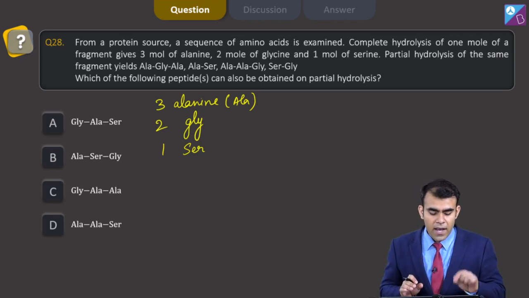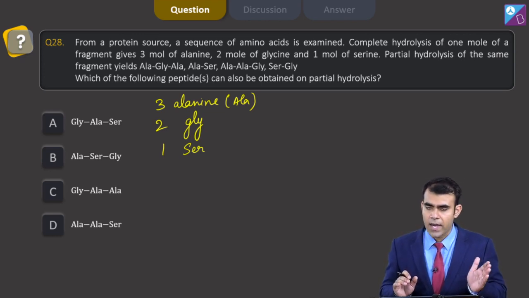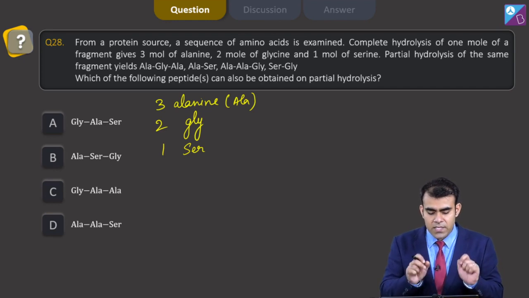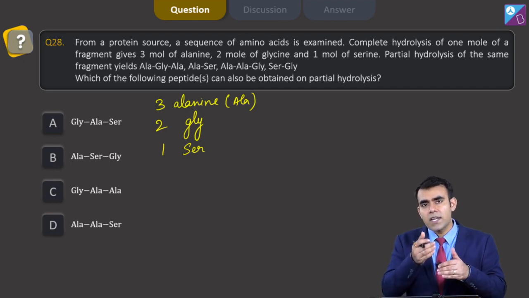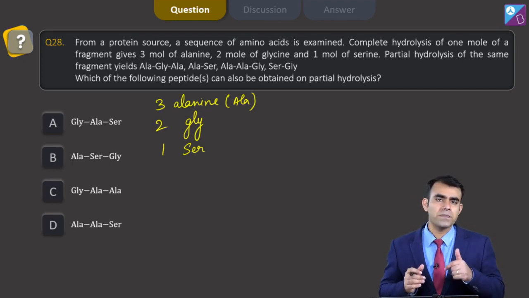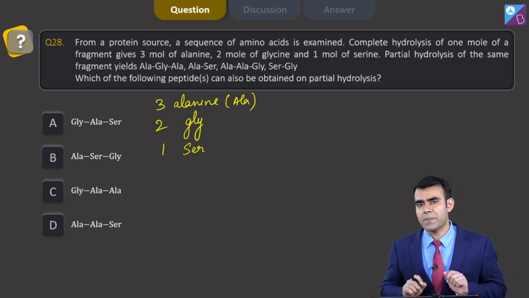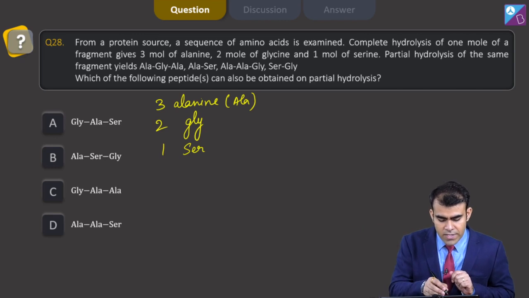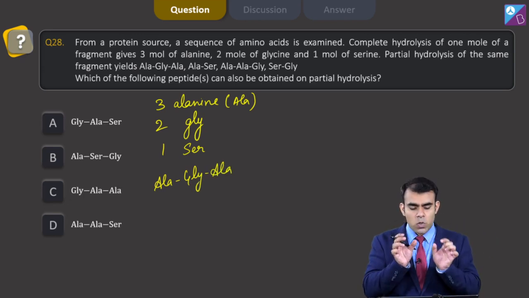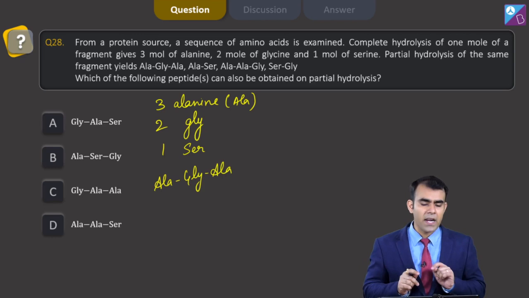And finally they ask which of the following peptide or peptides can be obtained on partial hydrolysis. That is, apart from these 4, what are the other fragments which we can obtain on partial hydrolysis? But first we have to draw the structure of the peptide. You can see we have alanine, glycine, alanine. It means between 2 alanine there should be a glycine unit.